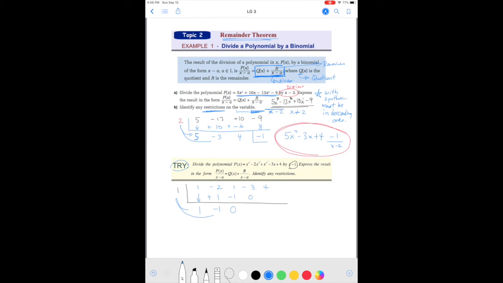Multiply 0, add that up, negative 3. Multiply negative 3, and we get a remainder of 1. Remember, we're starting off at power of 4 there, so we start off x cubed minus x squared, nothing there, minus 3 plus 1 all over the divisor x minus 1, and x cannot equal 1, because we're looking at this to get that.